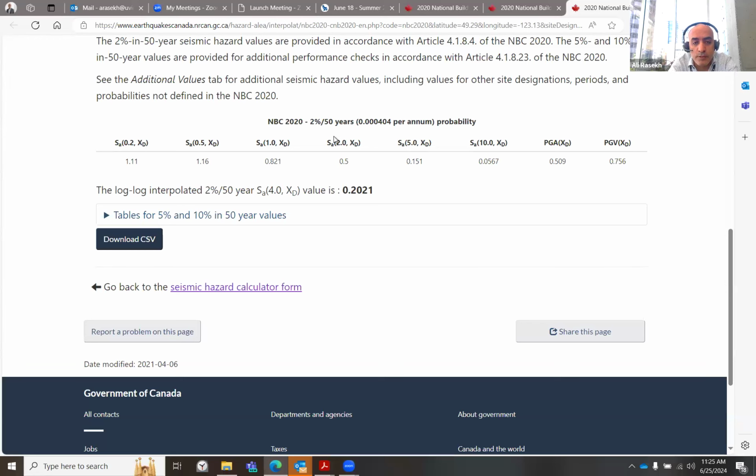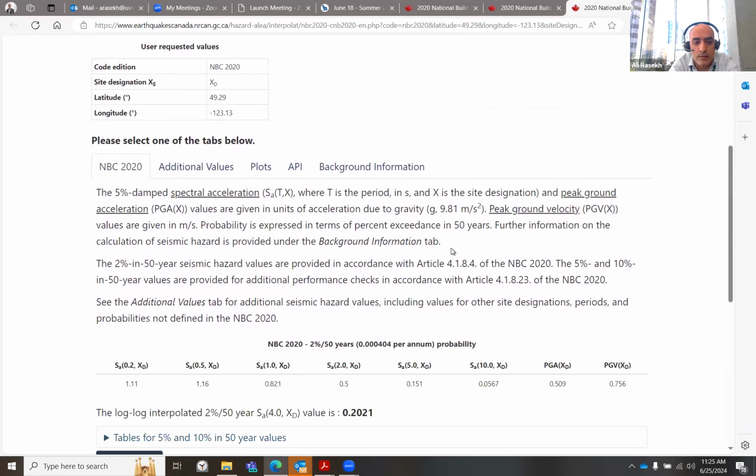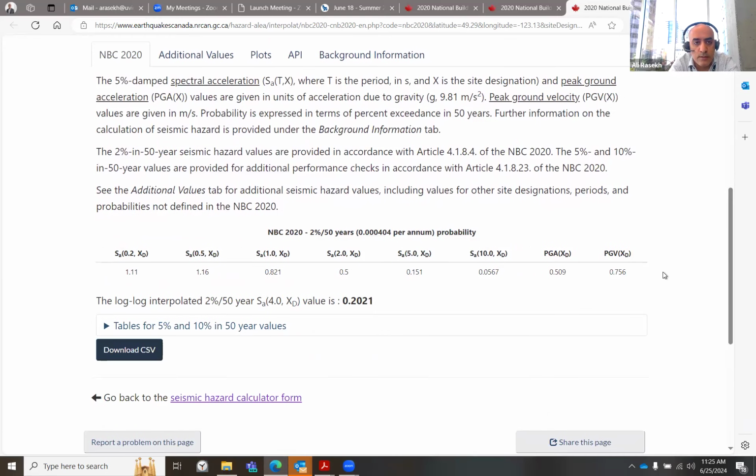So my period is about 2 seconds, and the maximum acceleration that I may experience during an earthquake is half a G. So that's the information that you get based on the primary period of your structure. There is other information that the website is providing, but this table is the most valuable. So let's get back to our slideshow.